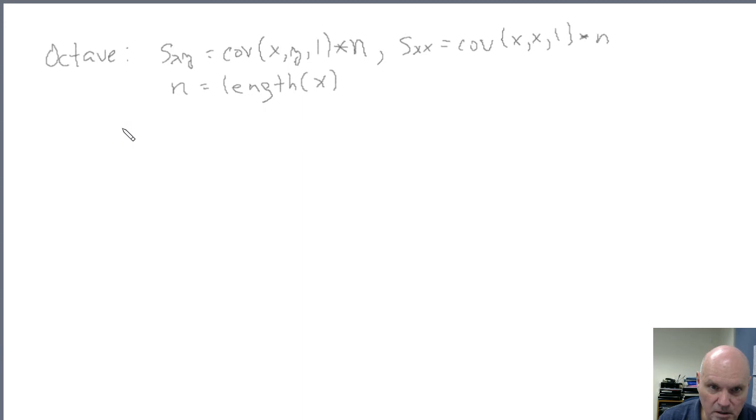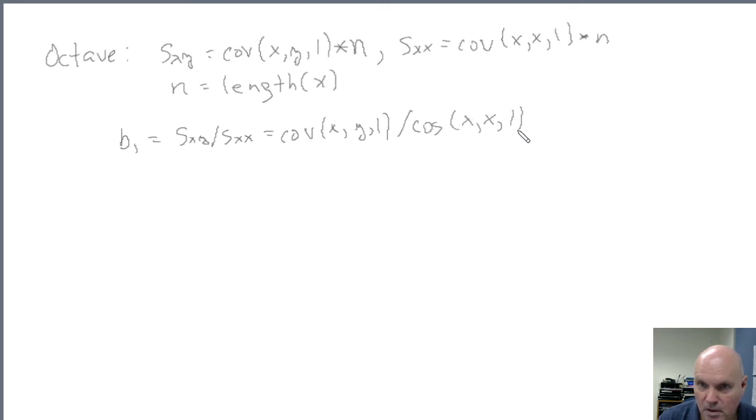And then in Octave we can compute the slope, SXY divided by SXX. If you notice here, when we take this ratio, the multiplication by n will cancel. So it's simply the covariance of x, y, 1 divided by the covariance of x, x, 1. You can optionally omit the 1 here, because if we omit it, the xy terms are the sum of the xy divided by n minus 1.